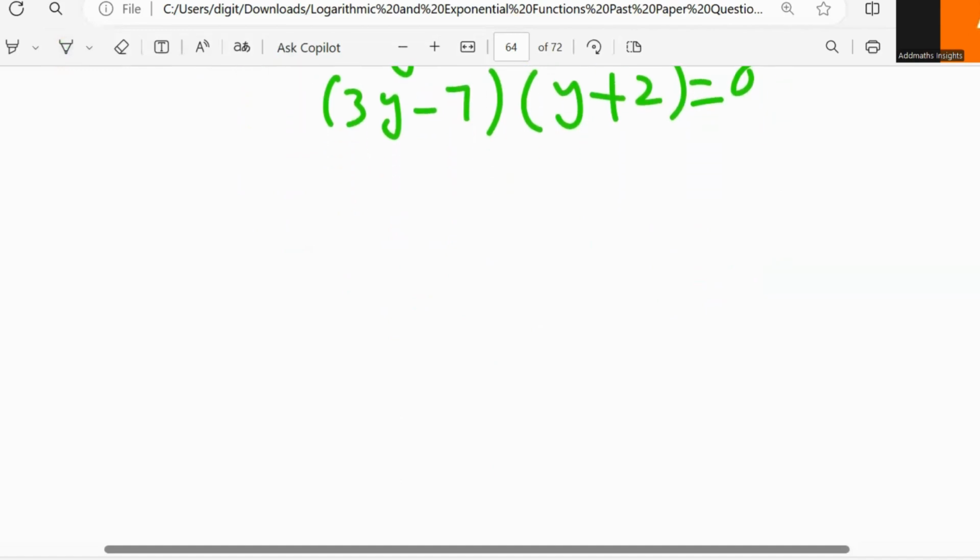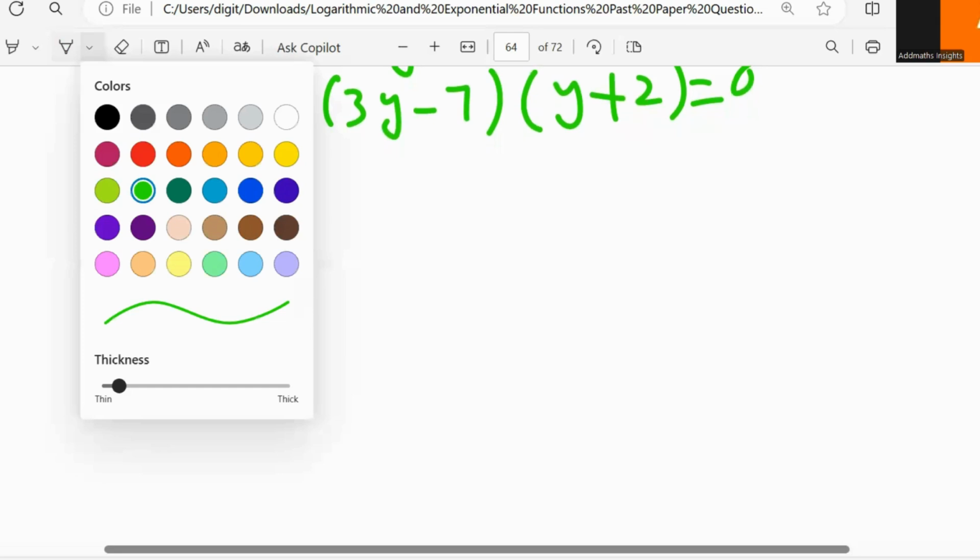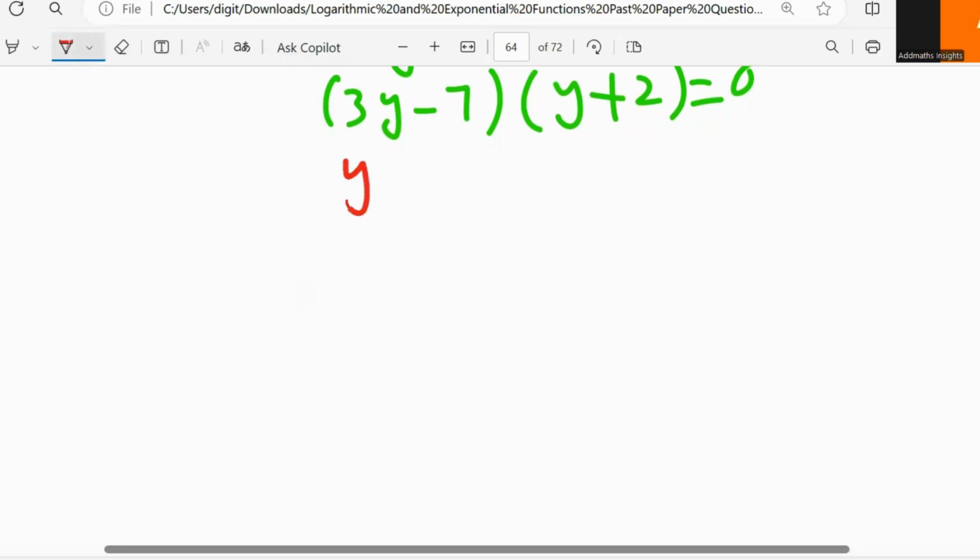And can find the values of y. Now we have y is equals to 7 by 3 and y is equals to minus 2.